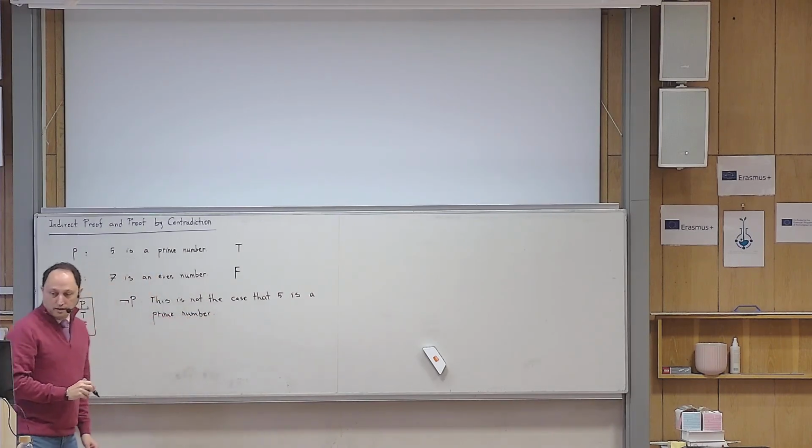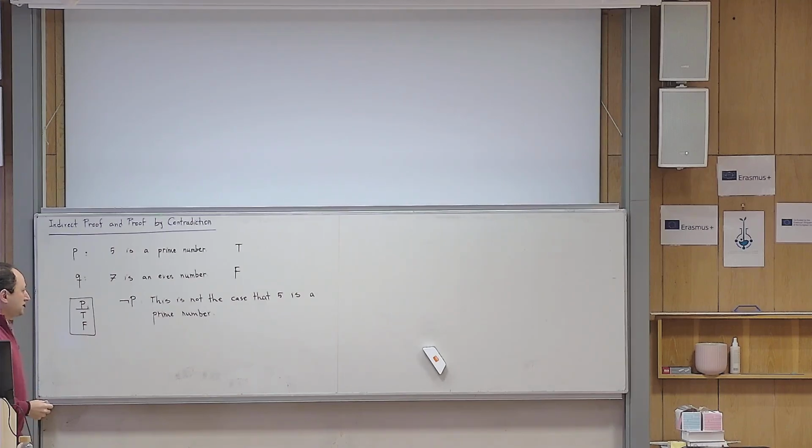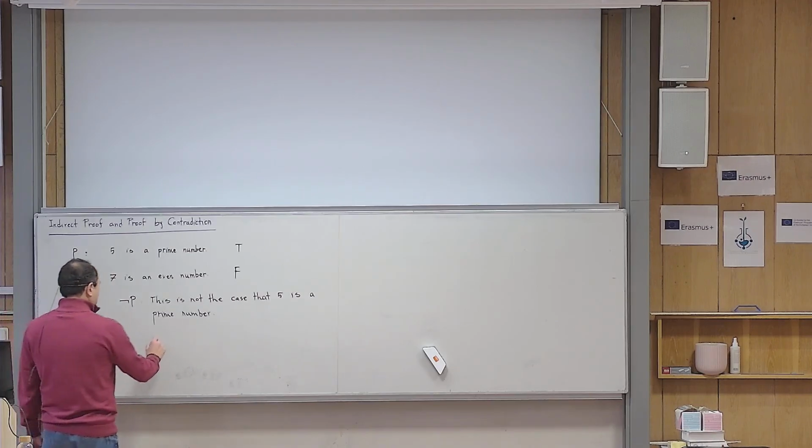Of course, this is not plain English. So how do you read it preferably in English? You don't say it is not the case that 5 is a prime number. You say just: 5 is not a prime number.